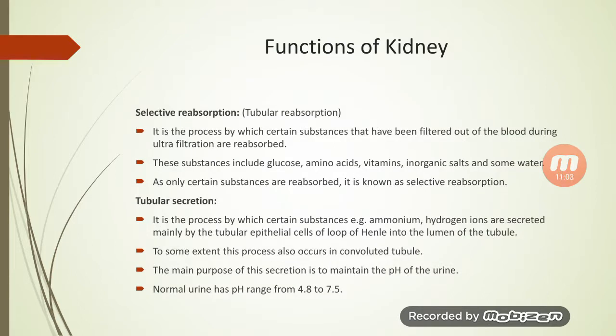These two parts have already been told: the selective reabsorption, that was tubular reabsorption, and the tubular secretion. Normally, urine has a pH range from 4.8 to 7.5.